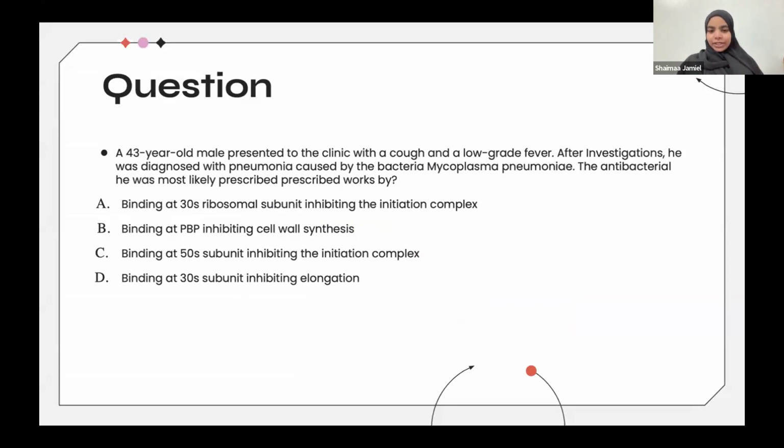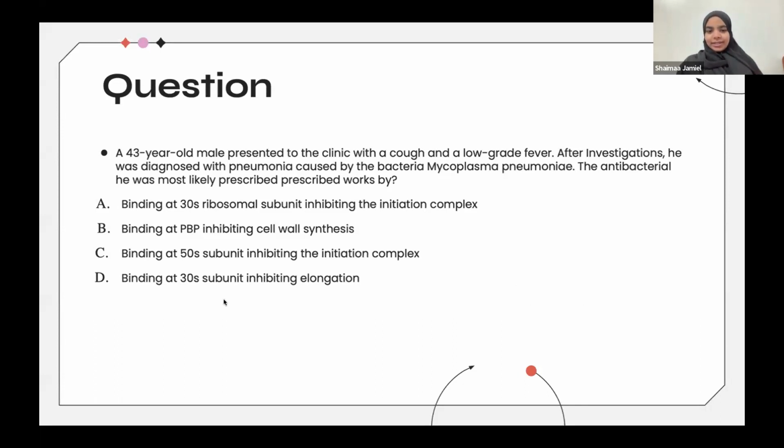So basically the question is asking which drug works against Mycoplasma. C. Okay. Any other answers? C again. Okay.